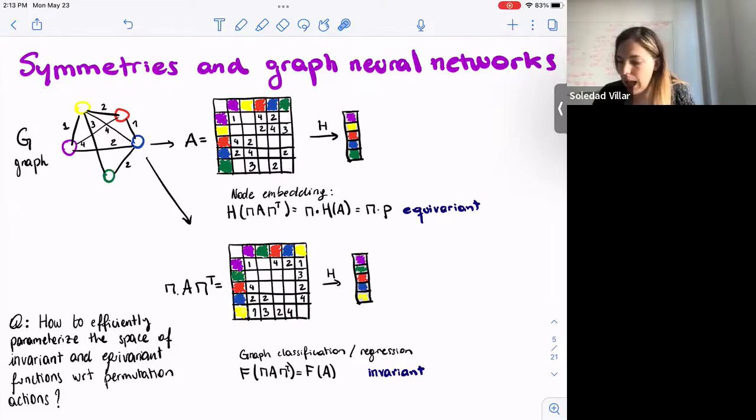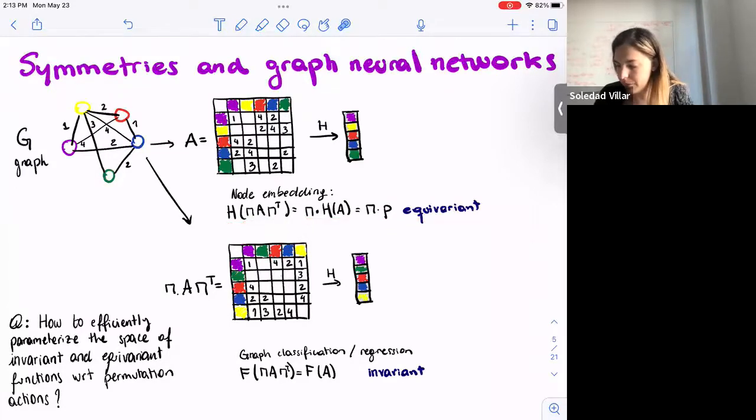And so we want that if we do a permutation on the rows and columns here, then the embedding that we learn has the according permutation. So here, this node embedding H will satisfy that H of πAπ^T is equal to π times H of A, and this is equivariant.